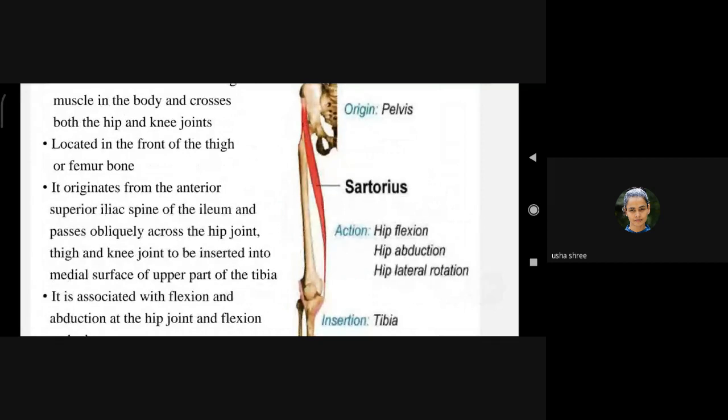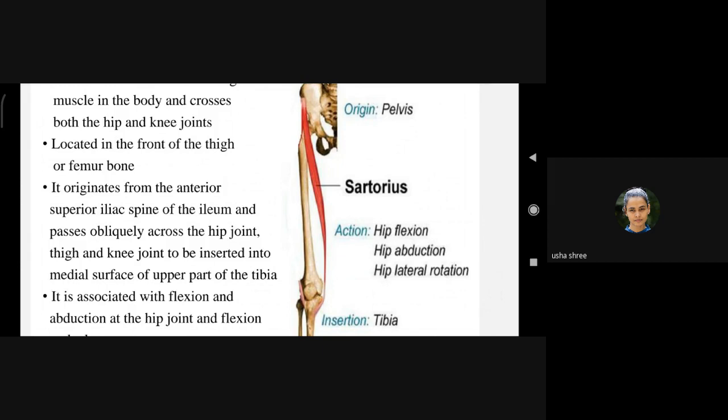From the outer part of the iliac spine, it is originating and then it is twisting, coming obliquely, covering the hip joint and the thigh bone, and now it is coming medially to the tibia.